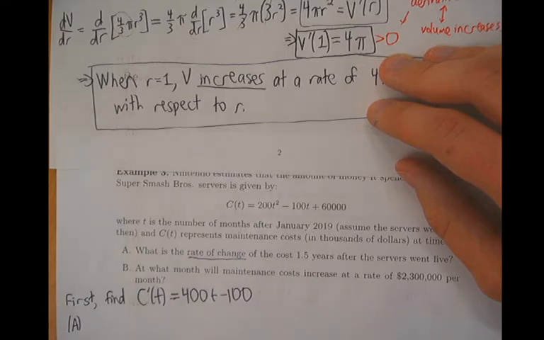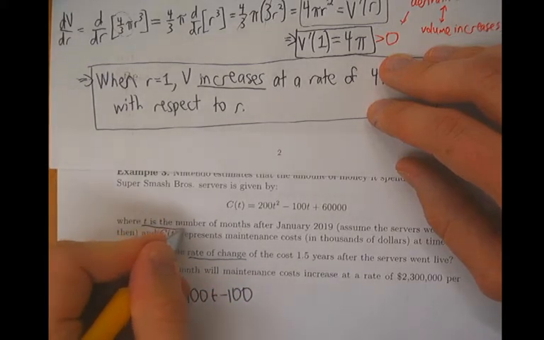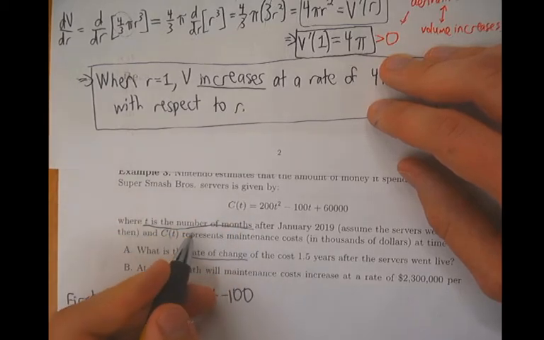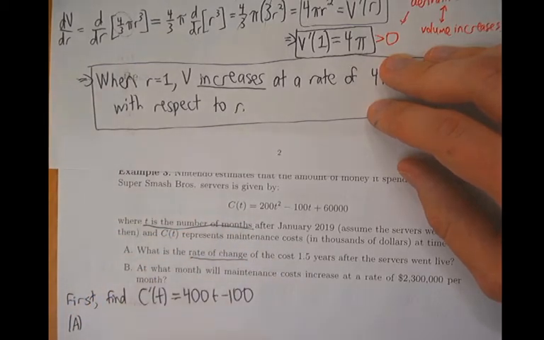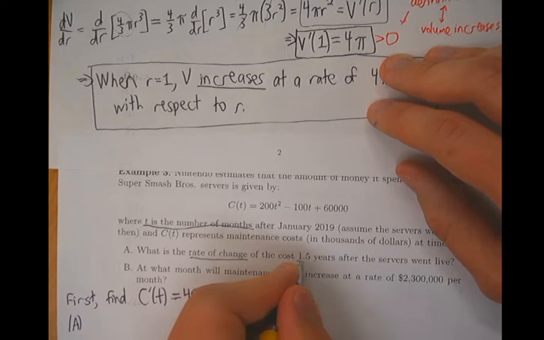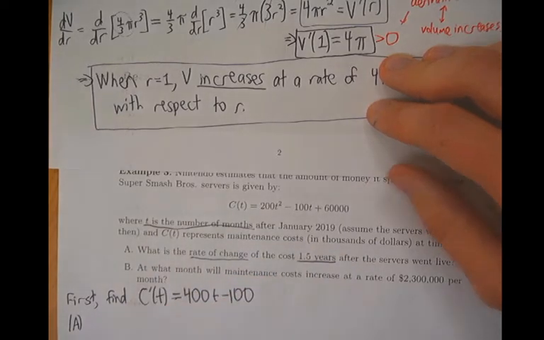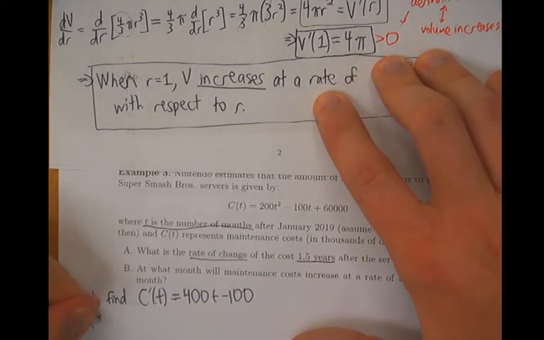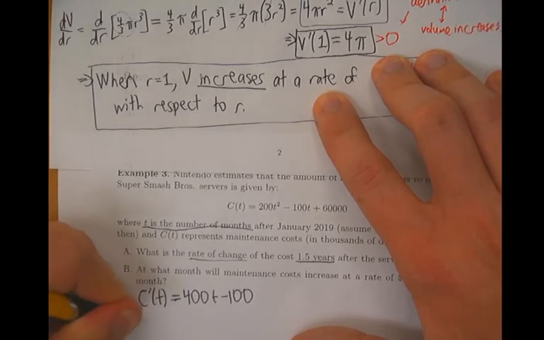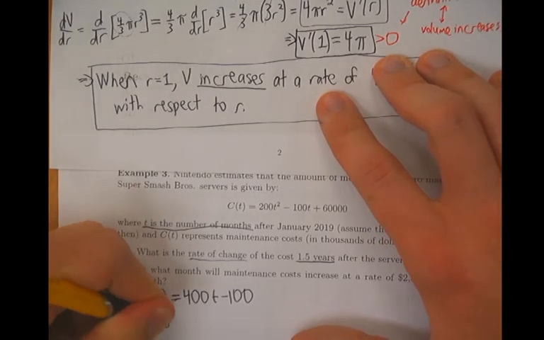So it would have to be 18 months. Exactly. Remember, be careful with the units here. t is the number of months after January 2019, and we're trying to figure out what happens 1.5 years after that. So 1.5 years is the same thing as 18 months.